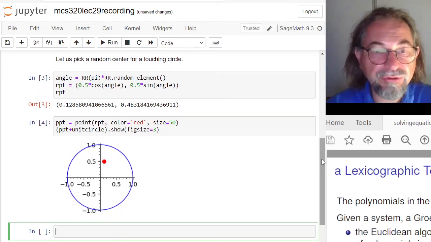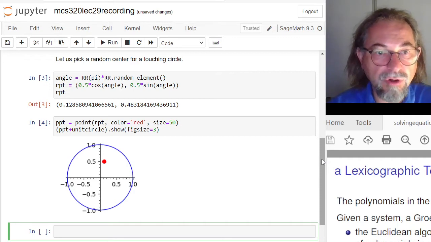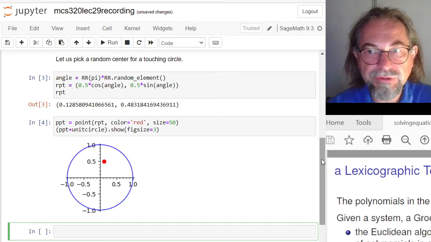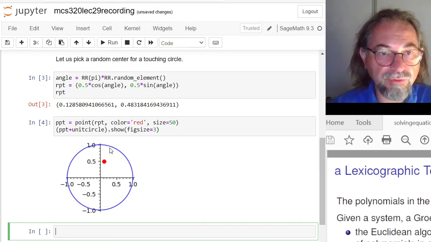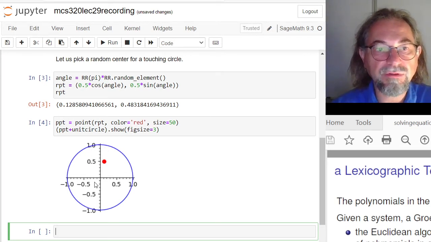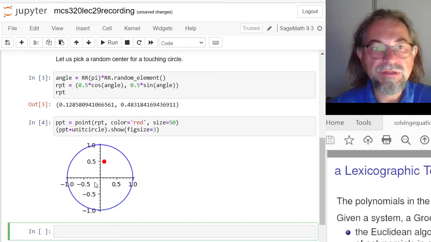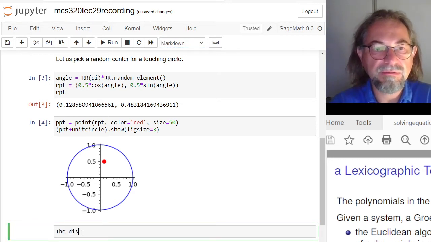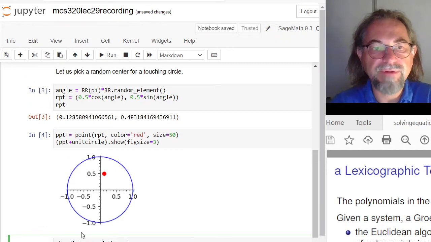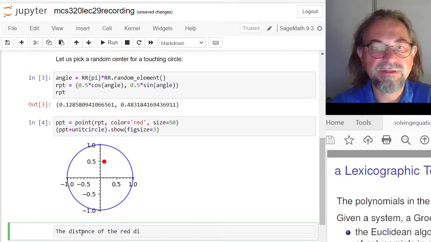What it means to be touching is that I can draw all kinds of circles centered at this red disk. And you can see that if I want to touch, the radius should not be larger than 1/2. Let me motivate this a little bit. The distance of the red disk to the circle is 1/2.